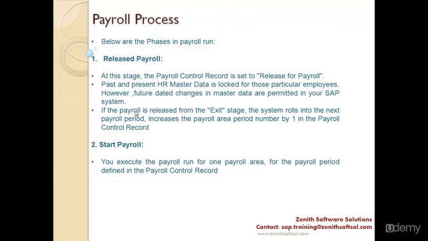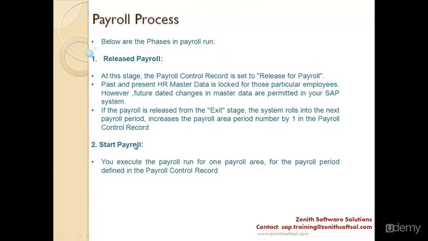Now once you release the payroll, only then can you start the payroll, right? Because you are releasing the brake, and only then can you start the car. So first you have to release the payroll and make sure everything is locked, so that nobody is making changes to the master data record. After you release the payroll, then you start the payroll.